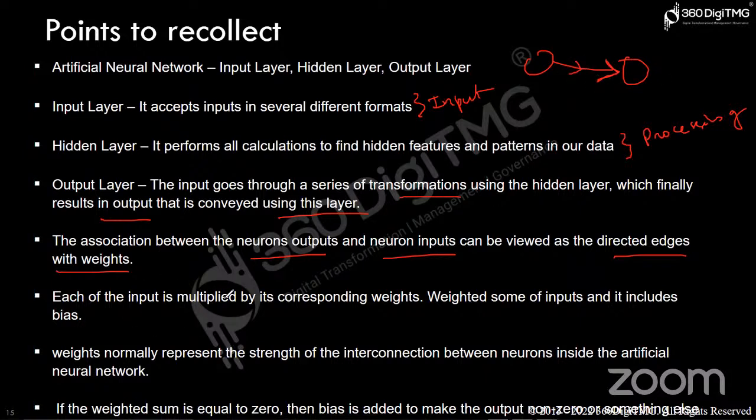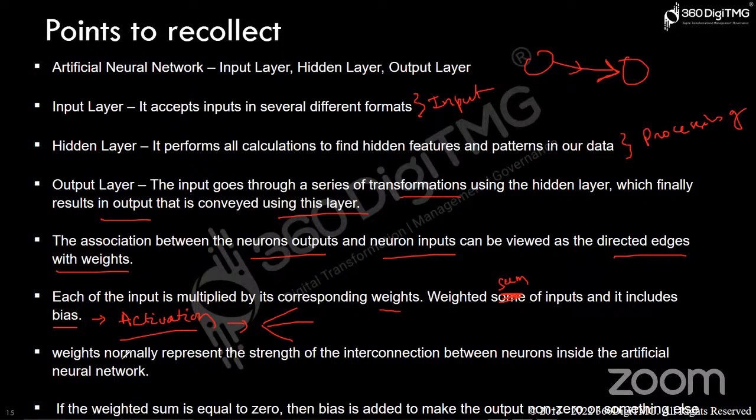Now each input is multiplied by some corresponding weight. A weighted sum of inputs is taken, and it also includes bias, and this gives you something known as activation. On this activation, we apply an activation function to further classify it or use it as a regression.